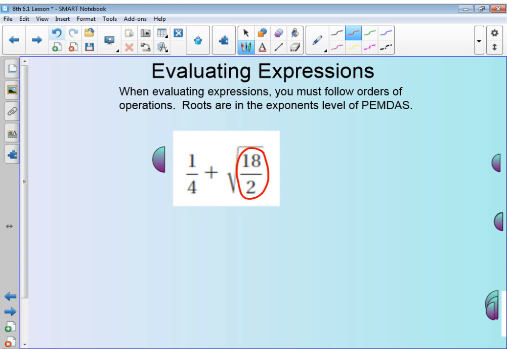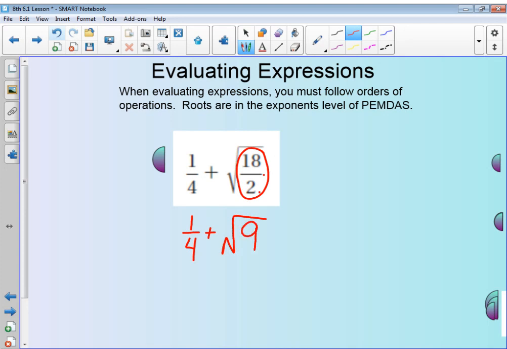If you check it on your calculator, it gives you like 1.4142 and so on. You guys haven't worked with anything like that. So anytime you have a fraction, your first step should probably be to check, can I reduce the fraction first? Sometimes you can. So when I look at this, 18 divided by 2, can I do that? Yes, I can get 9. So now this is what I'm looking at, 1/4 plus the square root of 9.